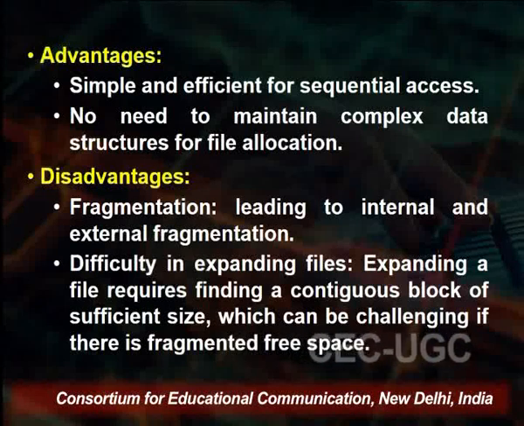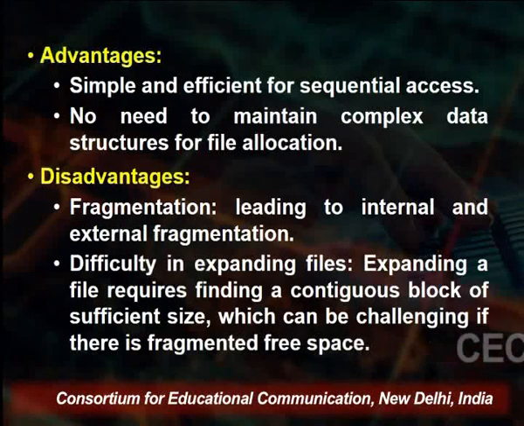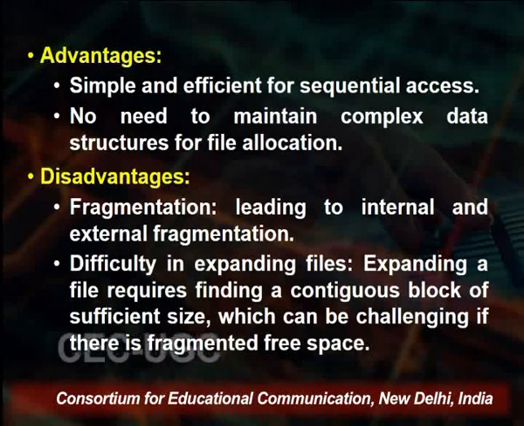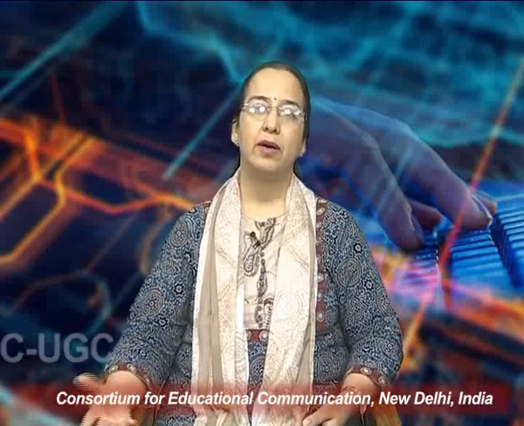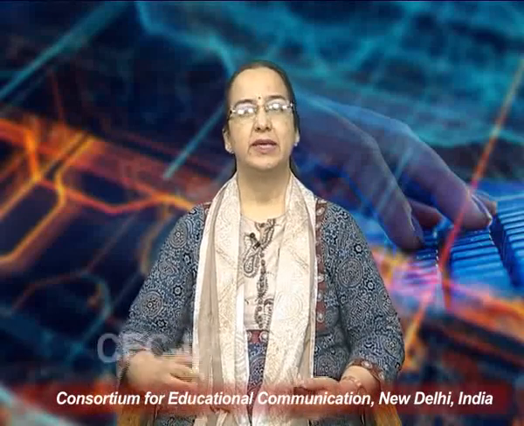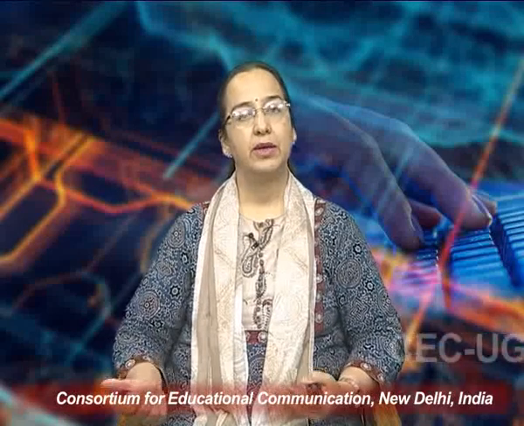As far as pros are concerned, this is very simple and efficient for sequential access, and there is no need to maintain any complex data structure for file allocation. In other allocation methods we will be using linked lists and other data structures, which are not required here because everything is sequential.